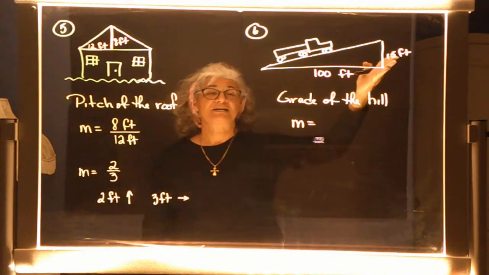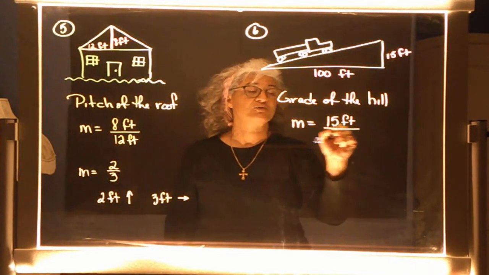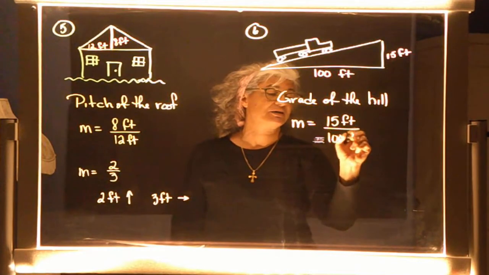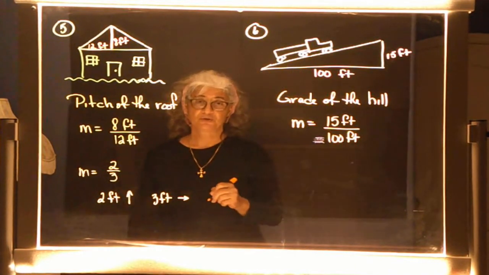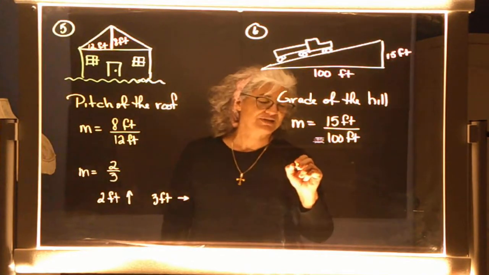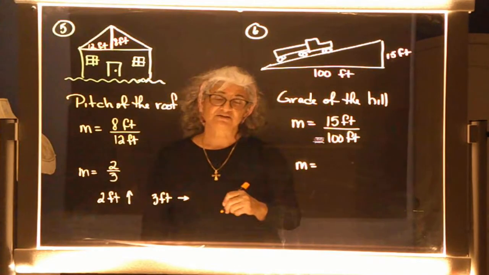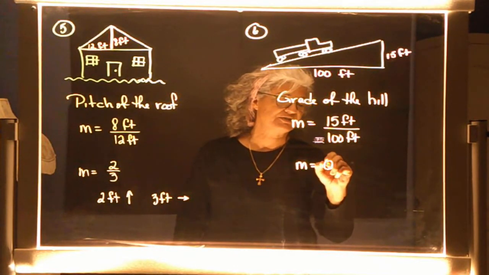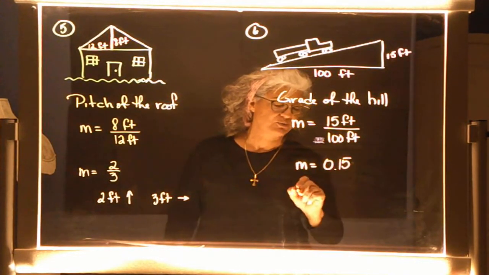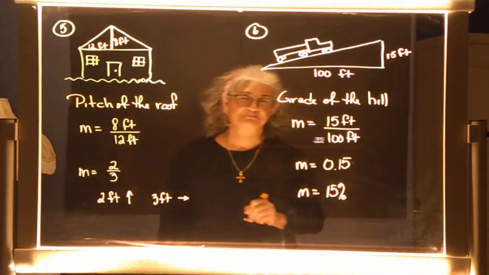Well, the y's, right, is 15 feet over the x's, which in this case would be 100 feet. Cool? And I can reduce this, but in this case, I'm going to ask us to change it to a percentage. And 15 over 100 reduces to this decimal, which as a percentage is 15%, right?